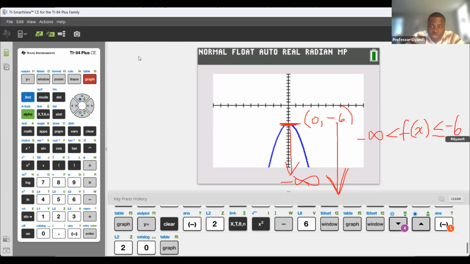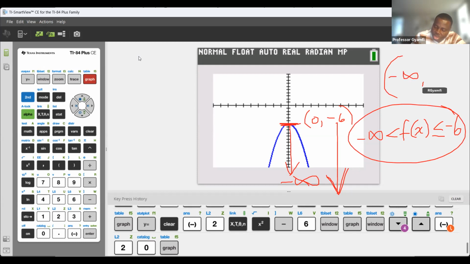You always start from the lower number on your left. So negative infinity on your left. So f of x is greater than negative infinity, but it's less than or equal to negative 6. Remember, negative 6 is bigger than negative infinity, right? So when you write this down, make sure you check, okay? Or you have that, negative infinity, and then you have negative 6, like that.